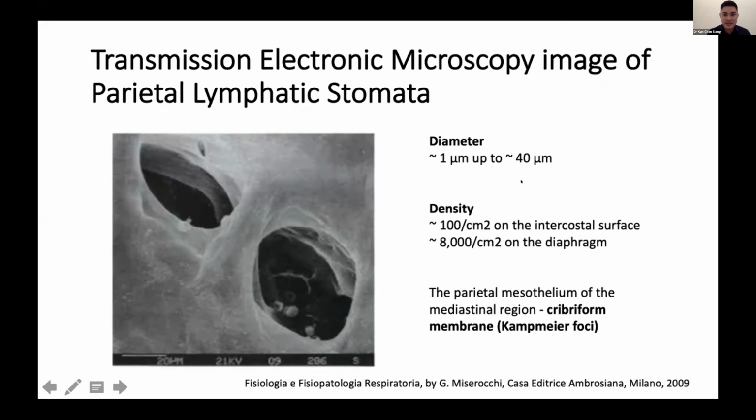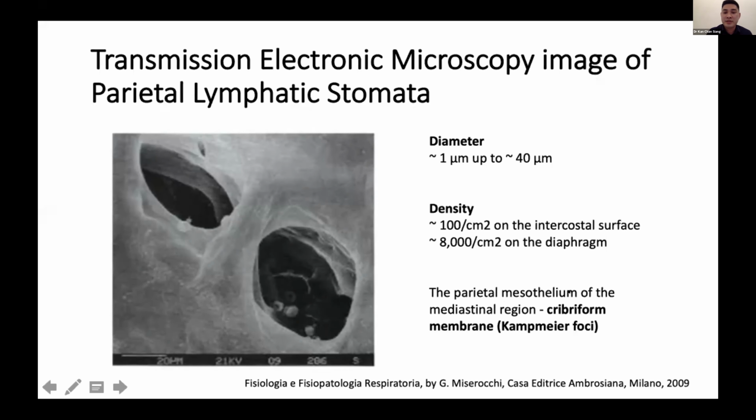In terms of density, on the costal surface the parietal pleura has much less. It has about 100 of them in 1 square centimeter. But in contrast, the diaphragmatic surface, which is the most dependent part of your thoracic cavity, has a larger density of these stomata. We can conclude that the density reflects the amount of drainage that occurs, which means the diaphragmatic surface is more involved in the drainage of the pleural fluid.